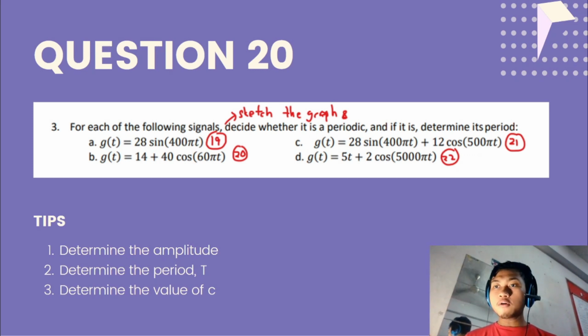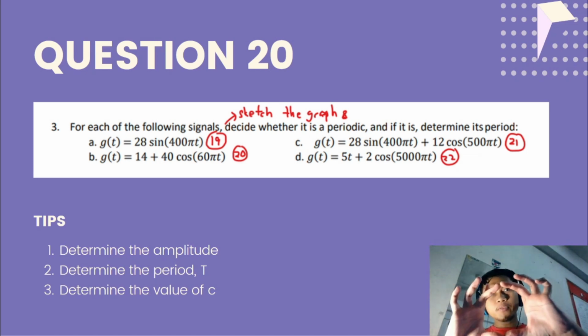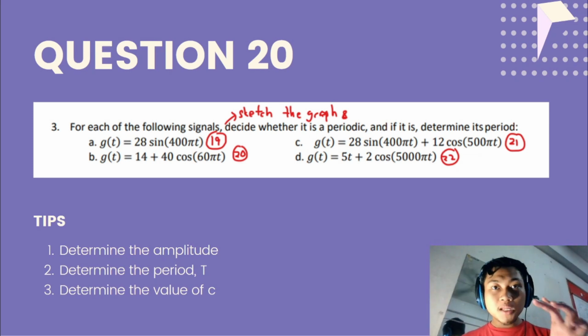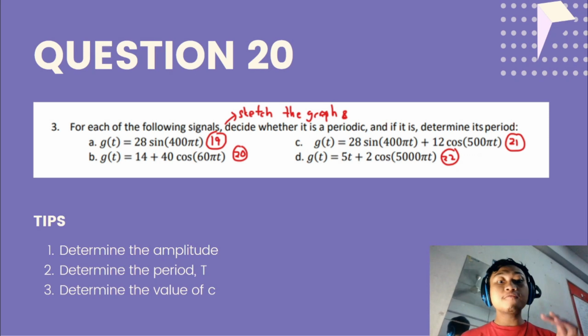Alright, tip number 3, determine the value of C. Why is this also important? Because just now I said that the amplitude is important for measuring the maximum and minimum value of the graph. But if we have the value of C inside our equation, we need to modify it.